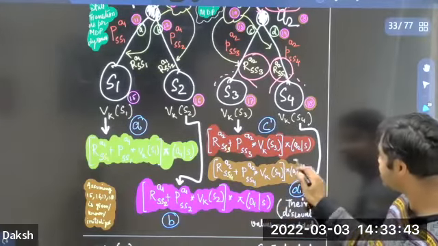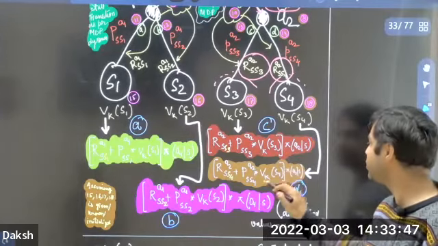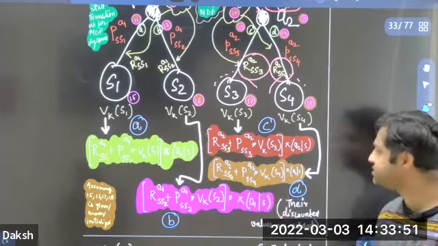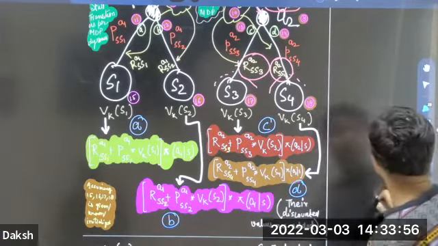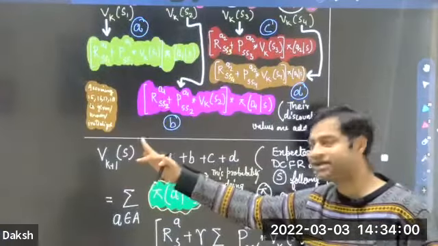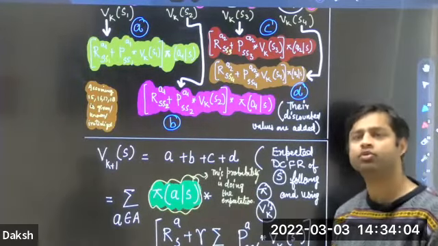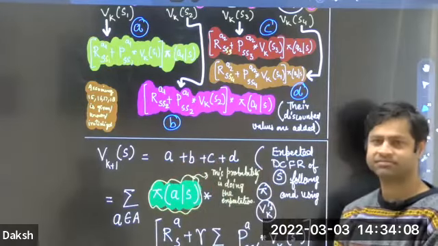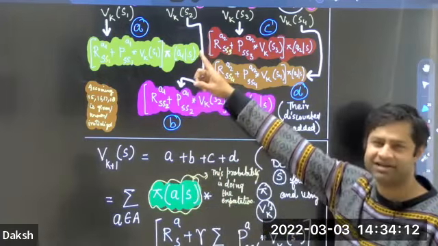But for the other things, it will be pi(A2|S) and pi(A2|S). Value of S3, value of S4, the corresponding reward and the corresponding state transition. You have got four values. Finally, V(k+1)(S) is equal to a plus b plus c plus d. Why is it not averaged? Averaging is anyway being done.